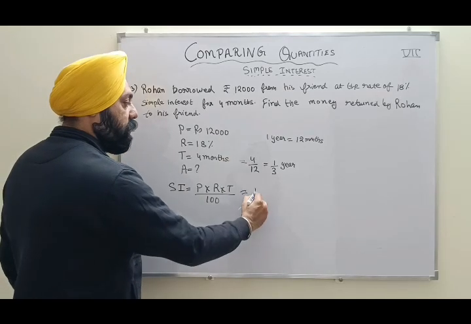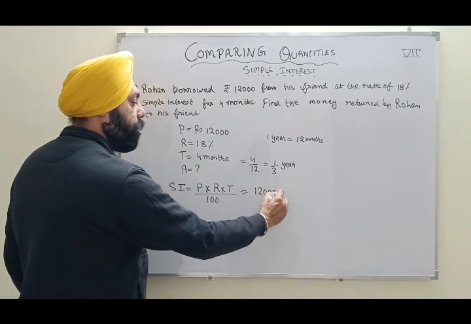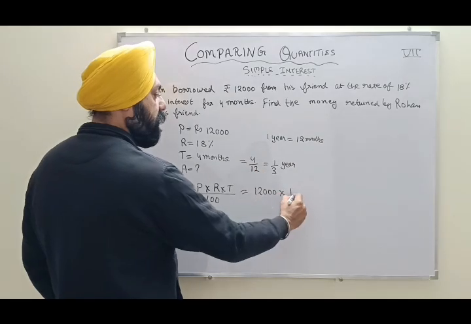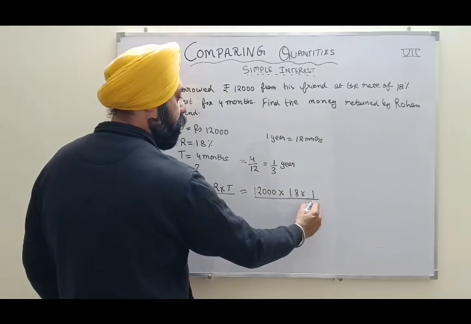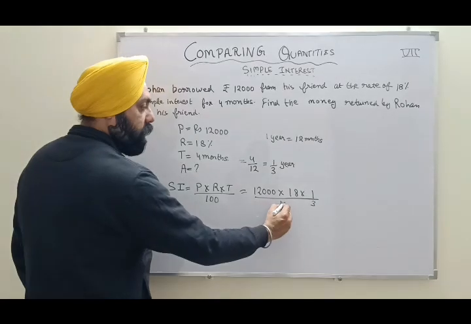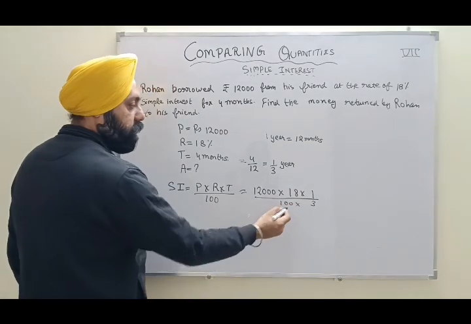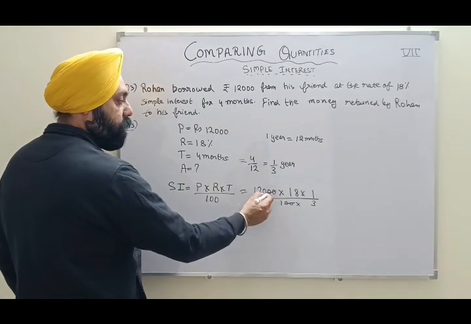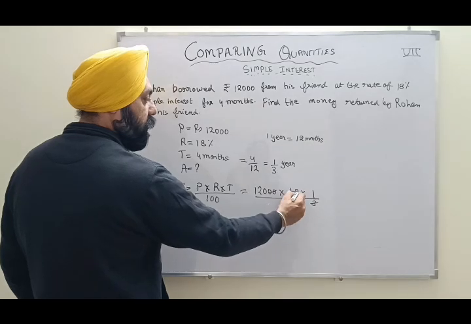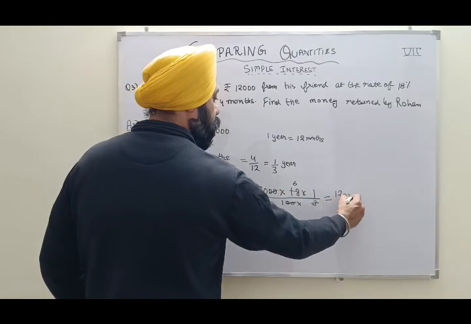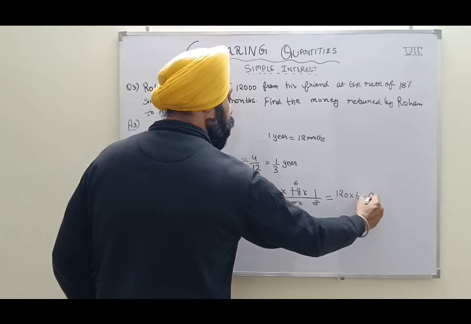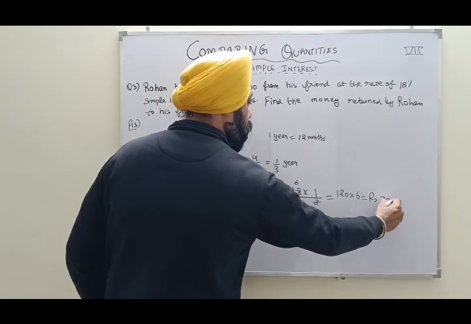The principal is 12,000, rate of interest is 18, and the time is 1 by 3, with 100 in the denominator. You can cut these two with these two, and cut 3 and 18. So 120 into 6 means rupees 720.